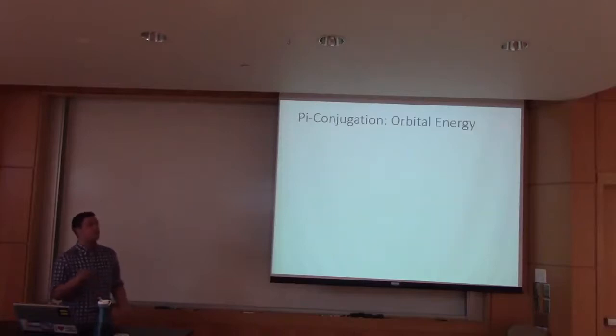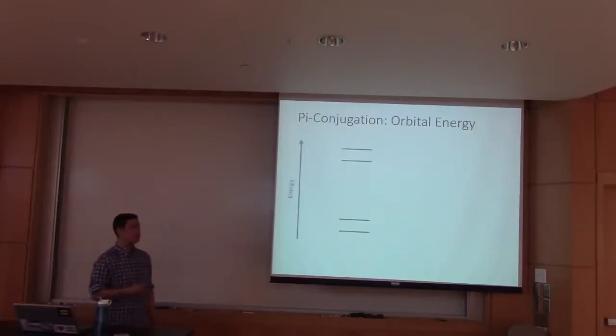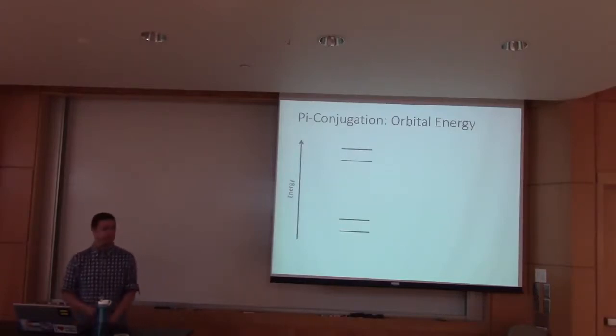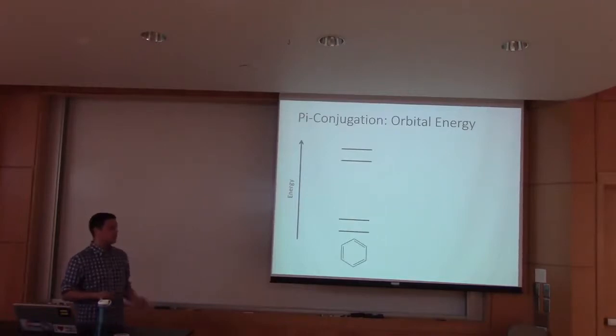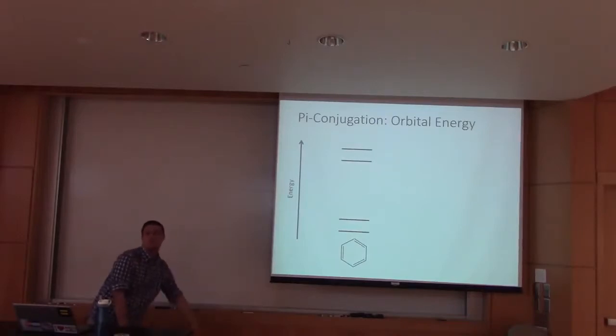So let's talk about orbital energies now. That's the other thing we need to think about. Without going too much into molecular orbital theory, because that's a whole other topic in the presentation, let's talk about the simple topics of orbitals. So let's think about something like benzene again, where chemists like to think about orbitals as having discrete energies. Your single bonds are way down, way below, like on the first floor of the building.